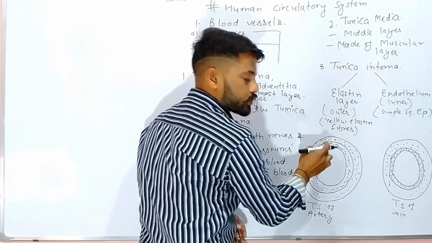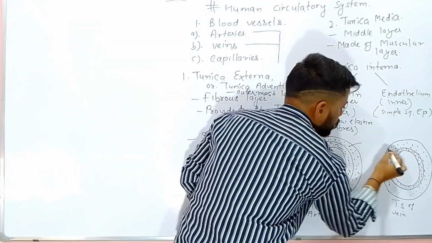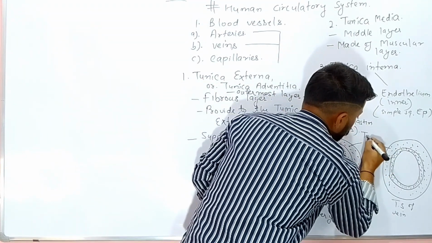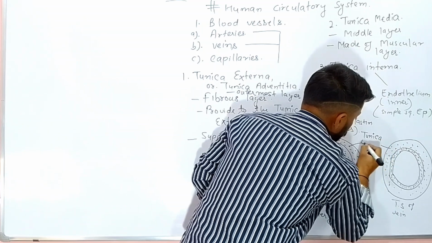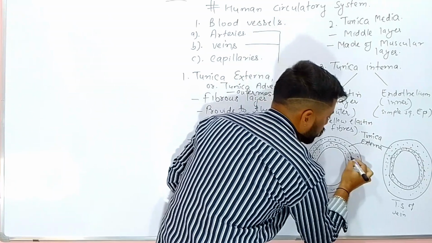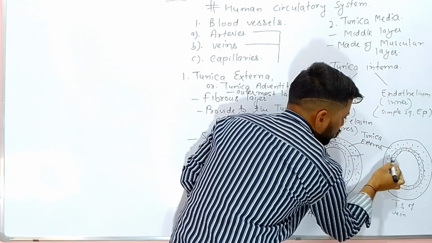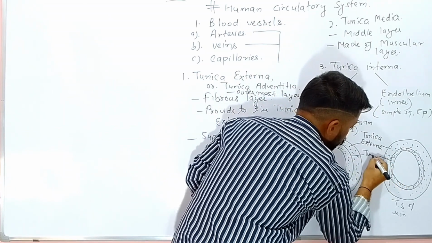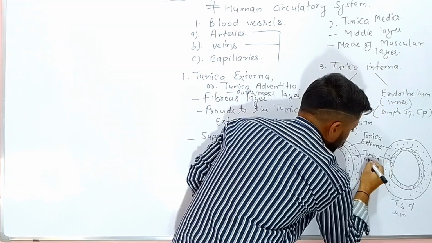Let me label this. The first one and the outermost is the tunica externa, whereas inner to it is the middle layer, which is the tunica media.